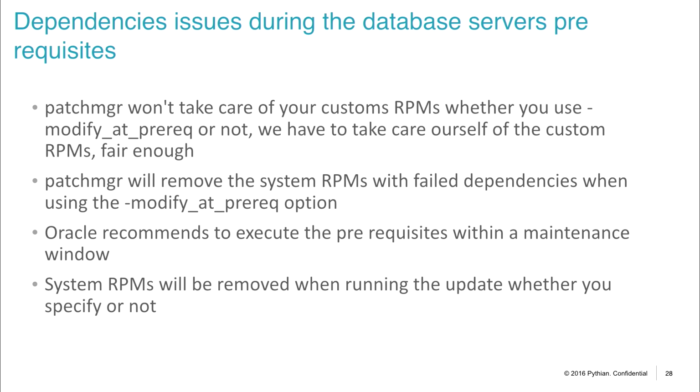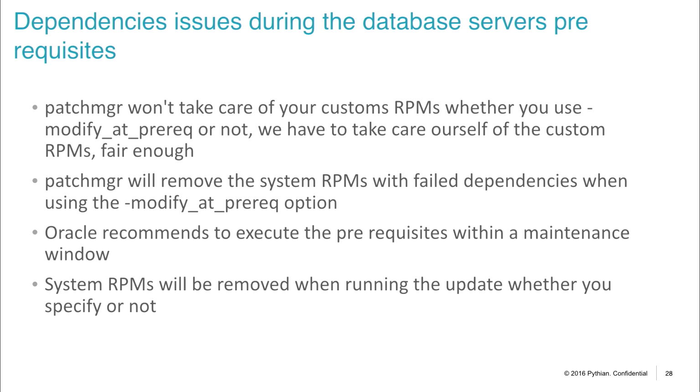Regarding Patch Manager, it's something that you have to be very mindful of. It will remove system RPMs when it has failed dependencies. So if you installed a custom RPM and it caused a system RPM to have a failed dependency, Patch Manager will remove it when you're running a prerequisite.